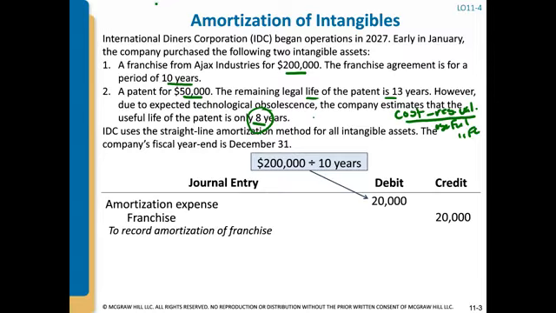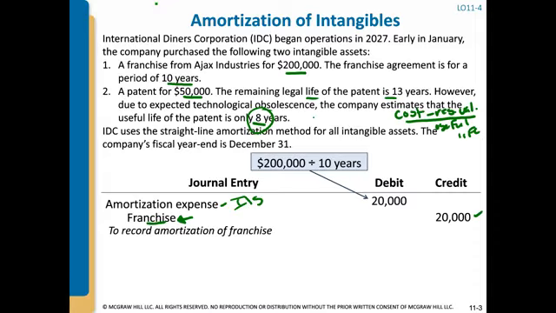For the next 10 years, they record this entry: debit amortization expense, to go on the income statement, for $20,000. And similar to the depletion of natural resources, we do not use an accumulated amortization account, which would be a contra asset account to the intangible. A company is allowed to, but typically they just credit the actual intangible asset, which in this case is the franchise.